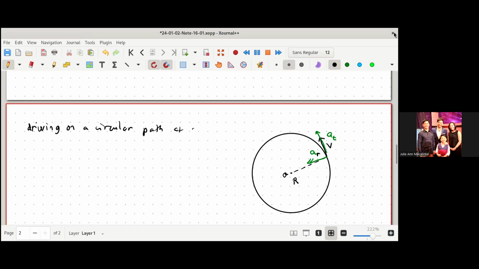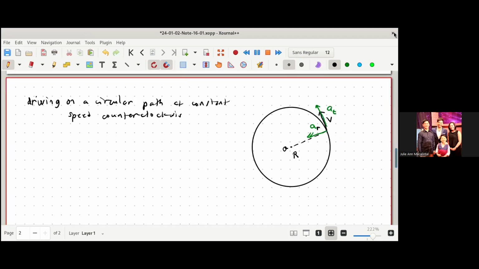at constant speed, counterclockwise. So, when you're driving, what are the external forces? For the car on this circle, let me just copy this.